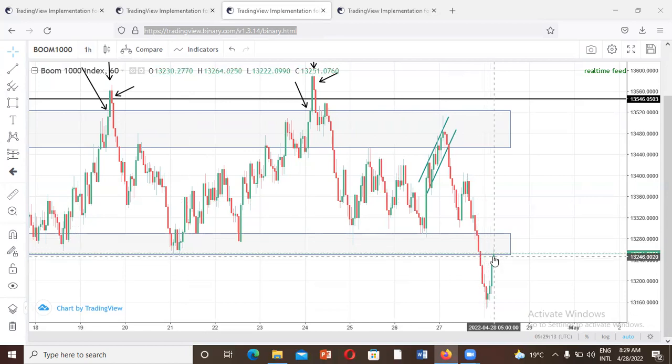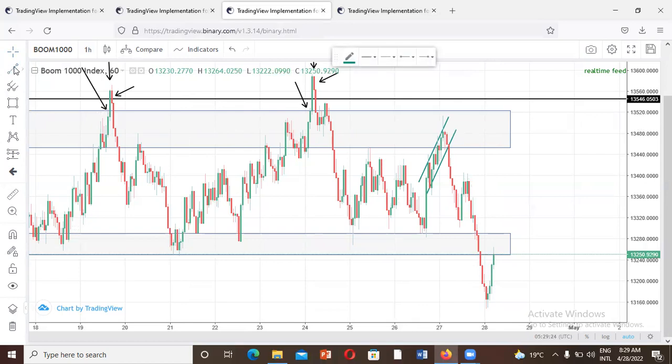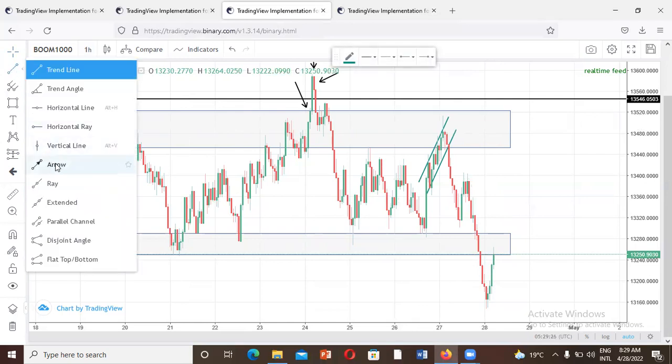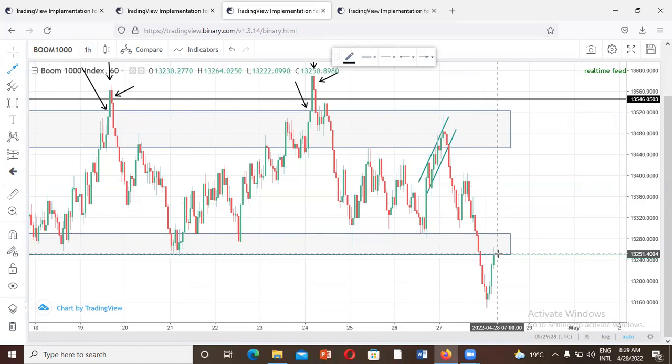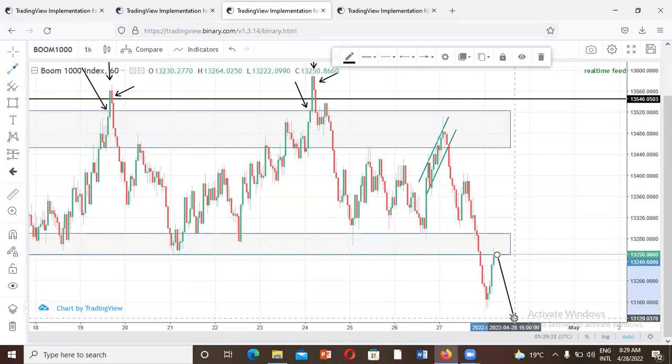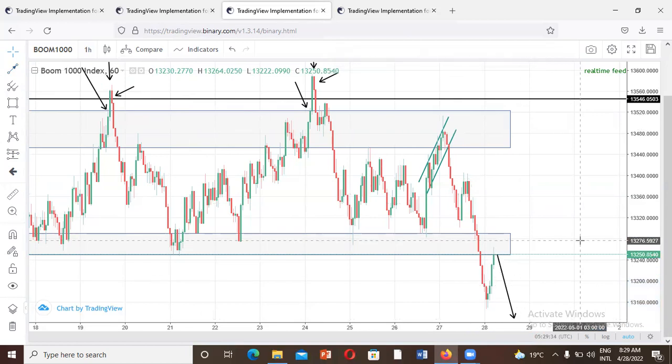So now here I foresee a retest to this level, and then it goes back down in form of a continuation.